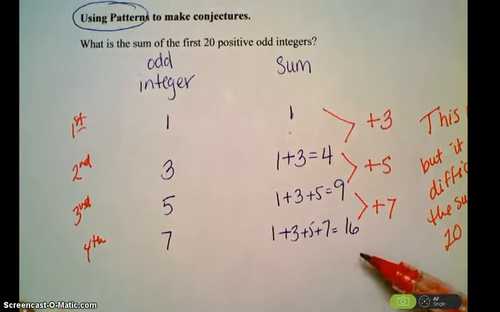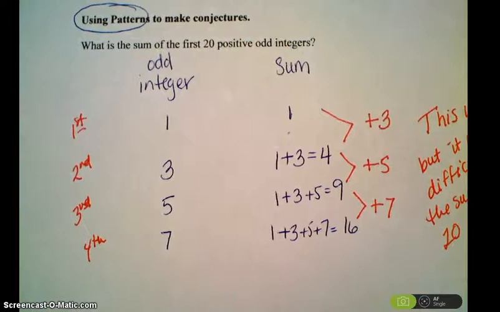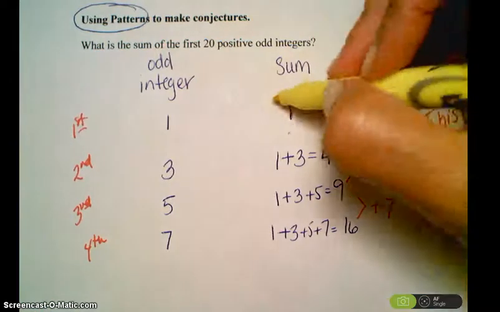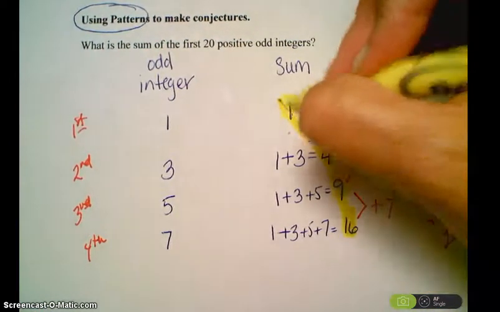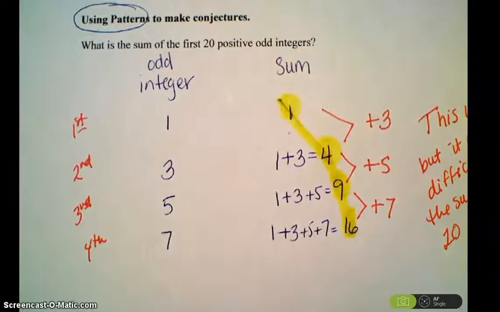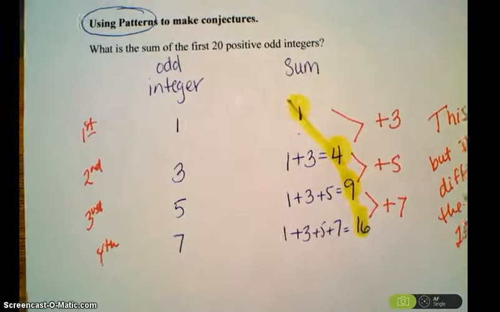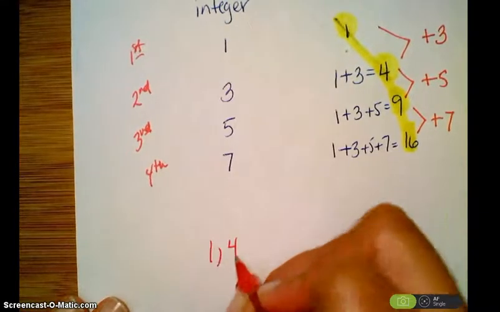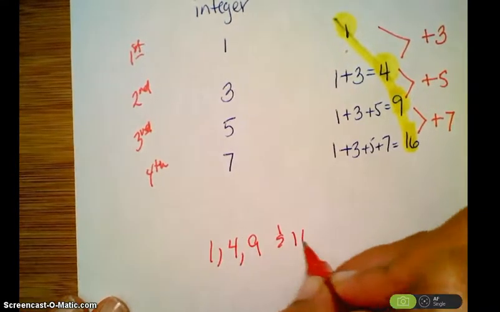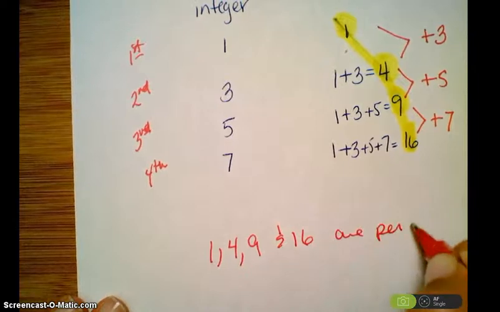Now, do you see anything special about 1, 4, 9, and 16? What's special about those numbers? That's right, 1, 4, 9, and 16 are perfect squares.